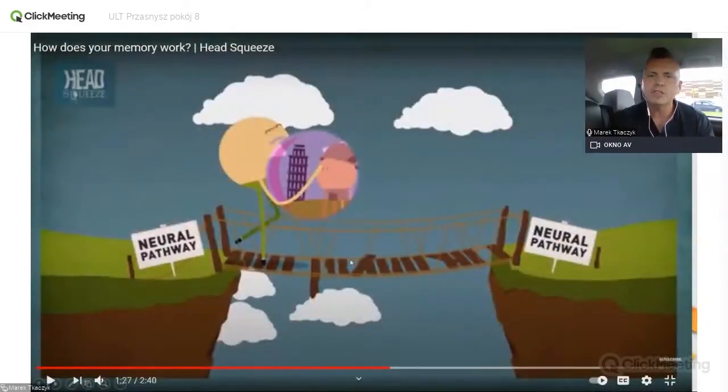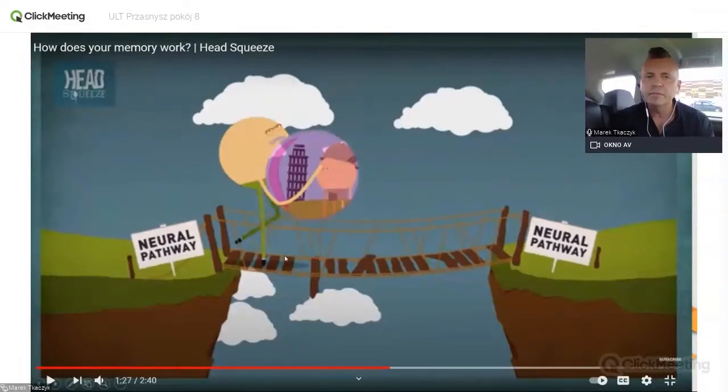you see, there is a bridge here, and this bridge basically represents a neural pathway. This sticky figure going along the bridge is a memory. A single memory, or let's say maybe a sentence or a phrase, some kind of chunk that we try to remember.